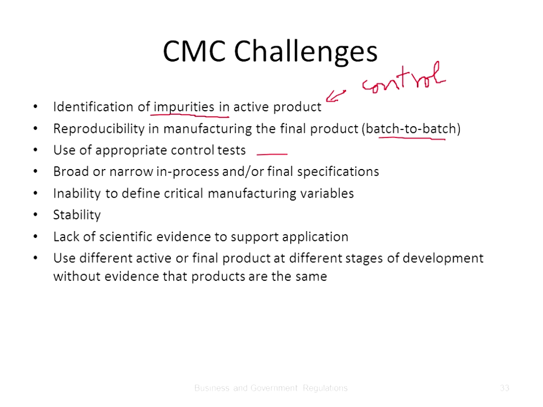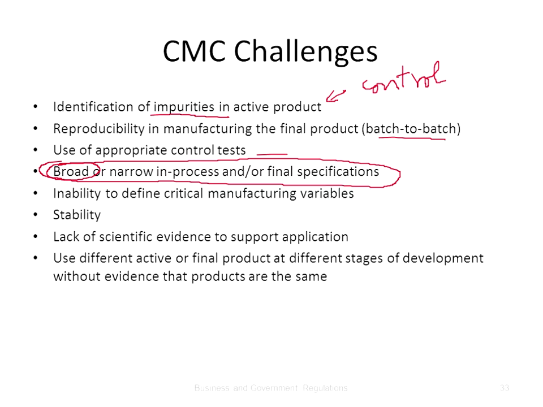Appropriate control tests. So you should have the tests specified that you're going to use. You have to think about this quite a bit, especially when you are doing INDs. You want to keep the specifications of in-process and final material as broad as possible.